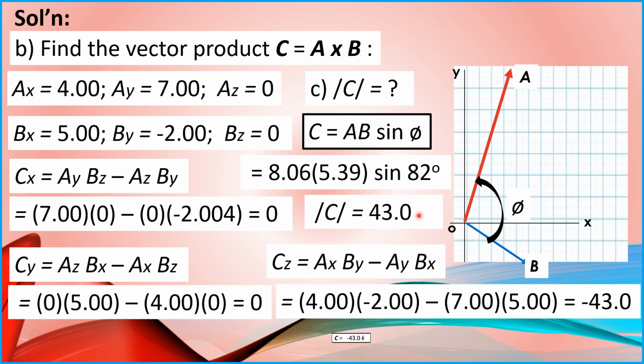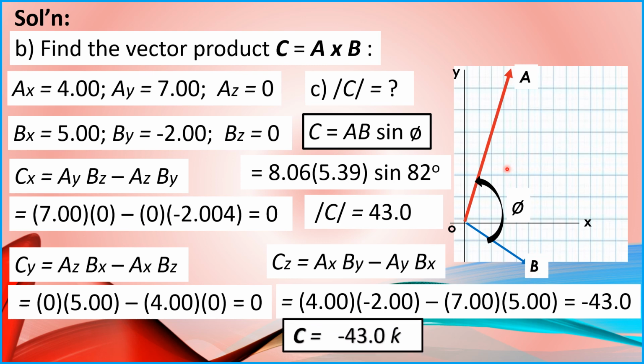If you recall, the right-hand rule says that you make sure the two vectors, when you have them drawn like this, are connected tail to tail. The four fingers of your right hand represent the direction of vector A, while the palm of your right hand represents vector B.